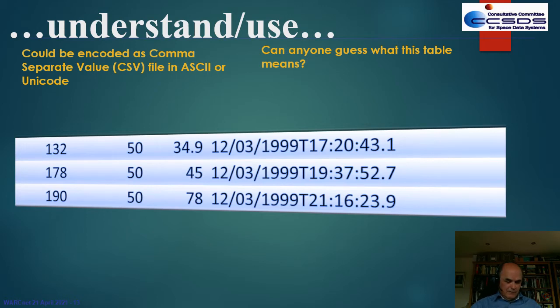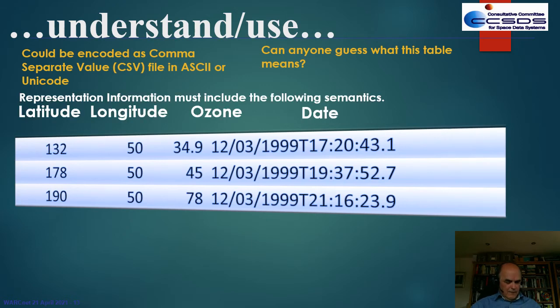The right-hand symbols look like a date and a time, but what time zone? What about the rest? Guessing is surely not ideal. The representation information must make these clear. Here's some. How much more?